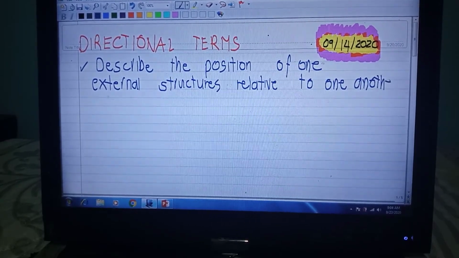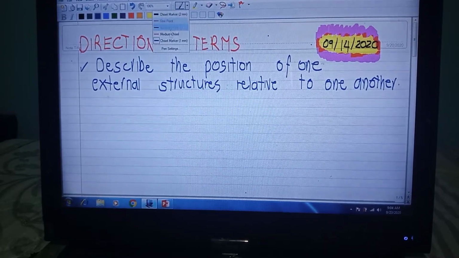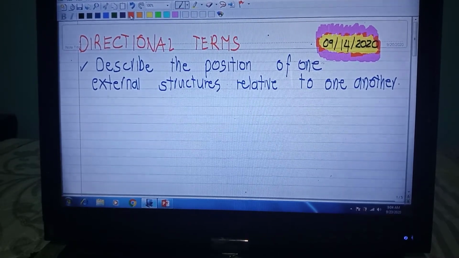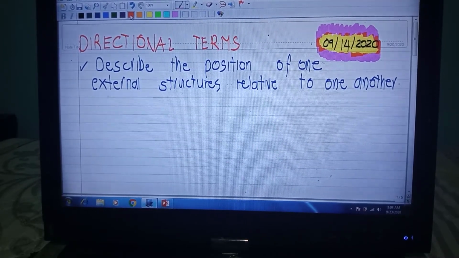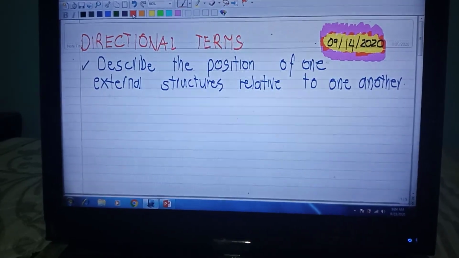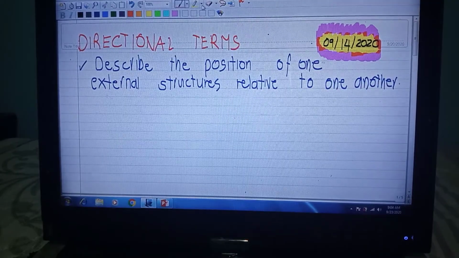Because if you're going to describe the position of an internal structure, that's a different matter. We'll be using your planes and your sections. We will first focus on the external structures that are relative to one another.